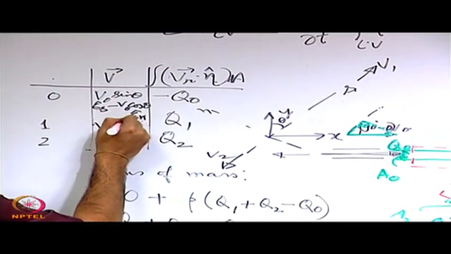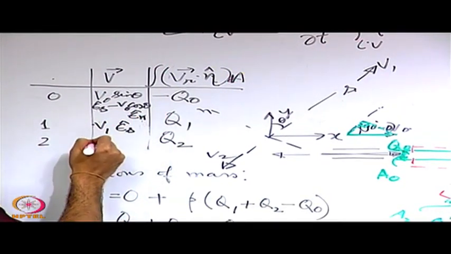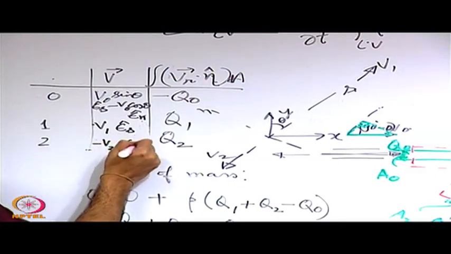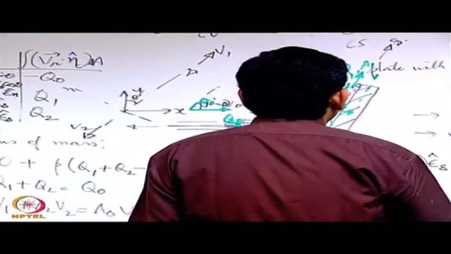This is for the surface 0. Then for the surface 1, V1 epsilon s, and for the surface 2, minus V2 epsilon s. Okay. Let us put that here.